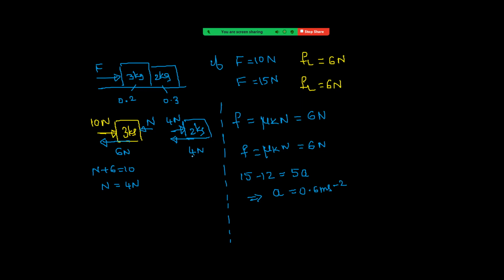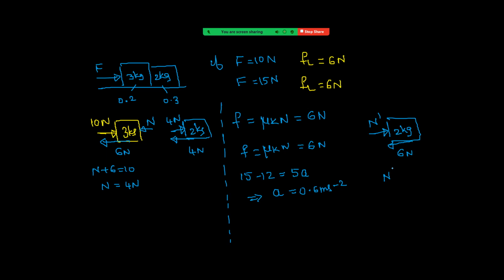Next, if they ask for the force by the 3 kg block on the 2 kg block, or by the 2 kg block on the 3 kg block, see what we can do. I am taking the free body diagram for the 2 kg block. On the 2 kg block, one force is by the 3 kg block. Take it as N dash in the second case. The frictional force is 6 on the left side. Net force equals mass into acceleration.